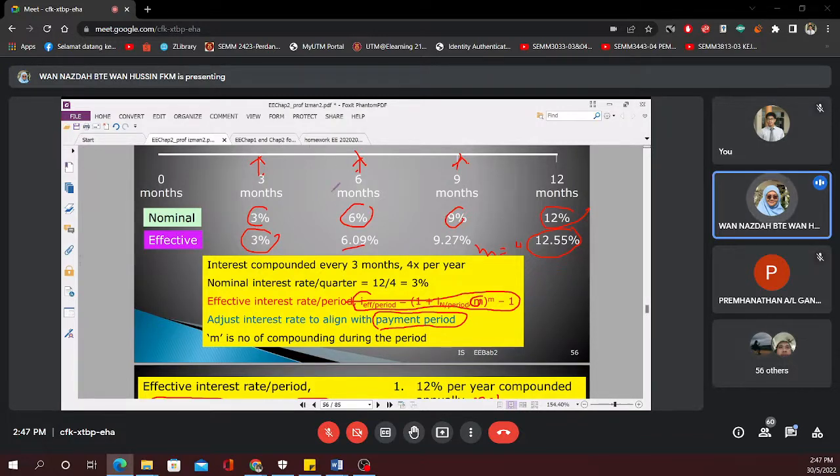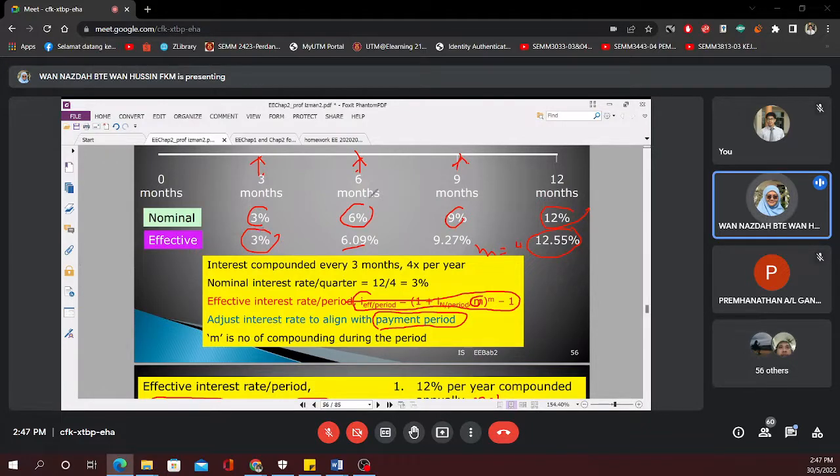Lepas tu untuk tempoh bulan keempat, awal bulan keempat hingga hujung bulan 6, apa yang dikira adalah prinsipal dia bukan kepada nilai asal tadi. Dia telah bertambah dengan interest untuk the first 3 months.